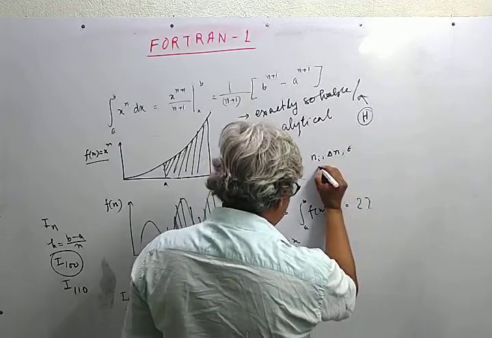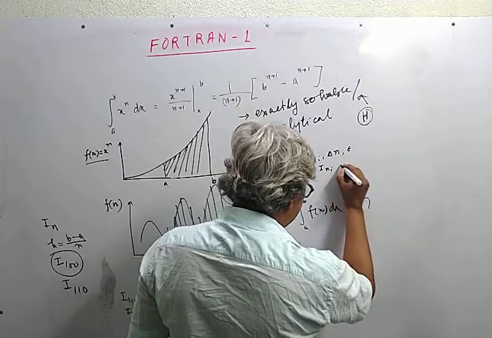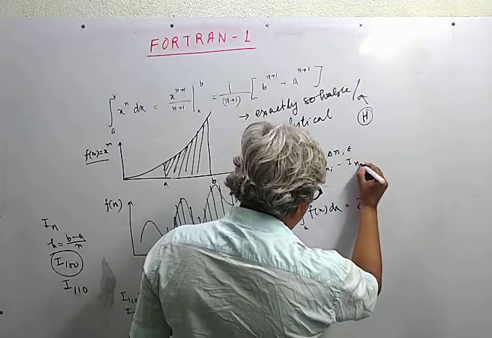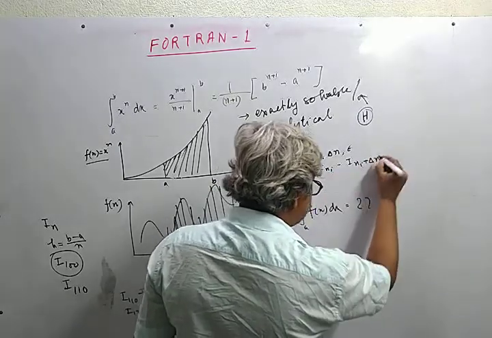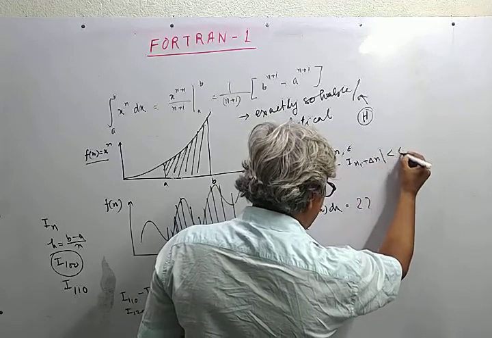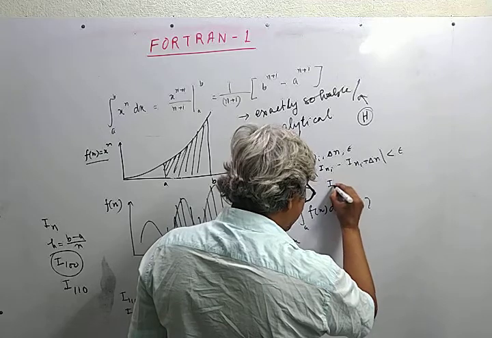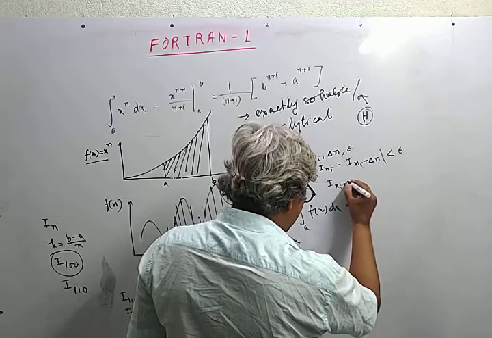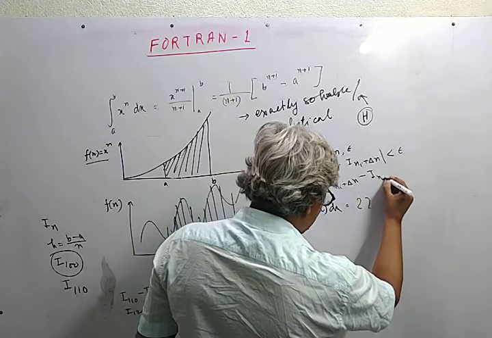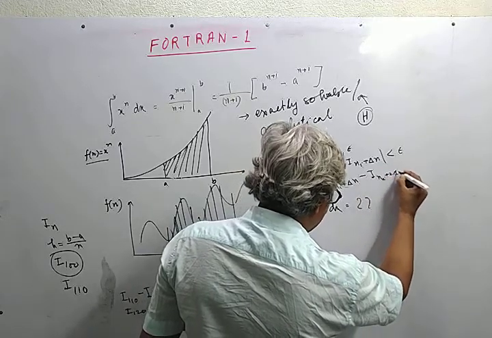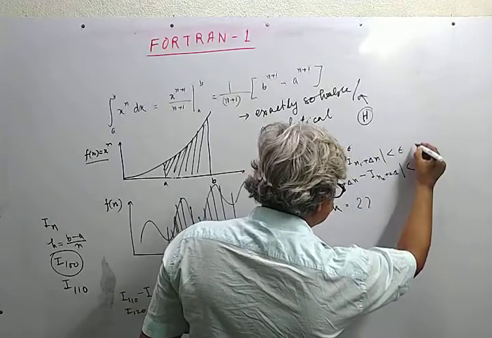So what it will do, it will first calculate the integral for ni, and then it will calculate the integral for ni plus delta n. If this difference is less than the accuracy, okay. If not, then it goes to the next step of calculation, and then again asks the same question.